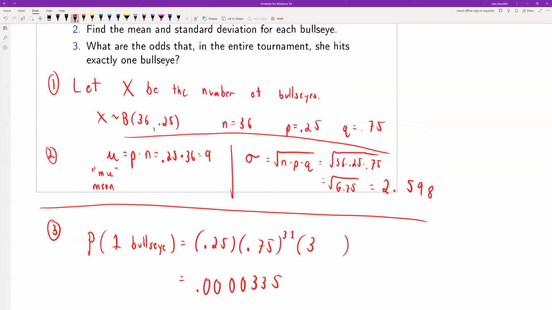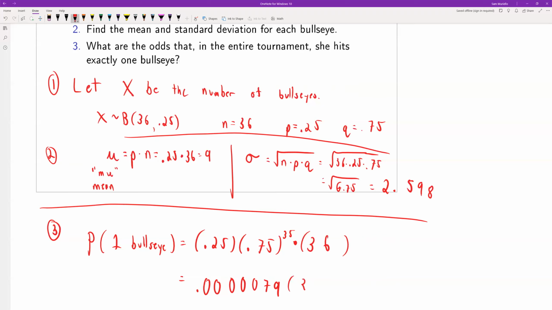And so we need to count this chance happening, which could happen 36 different ways. Whoops, this should have been a 35. So our number will need to change because she's throwing 35, not 32. So we'll go ahead and multiply and fix that. It's actually another 0, 7, 9. So a little bit less likely here.